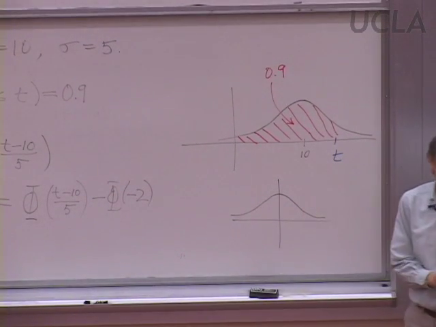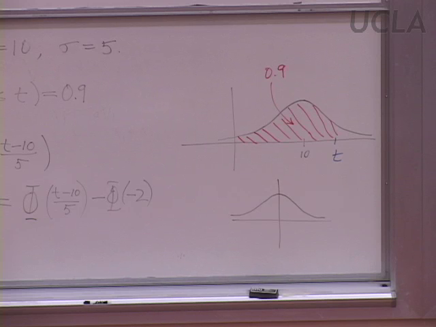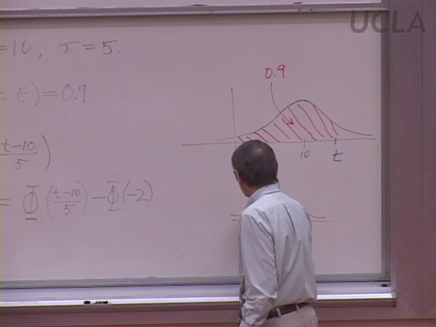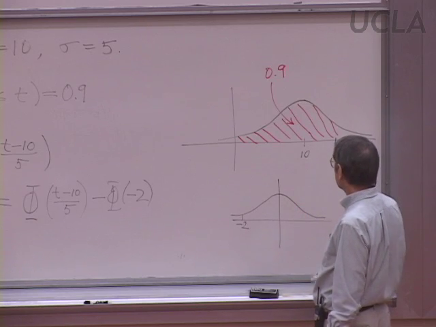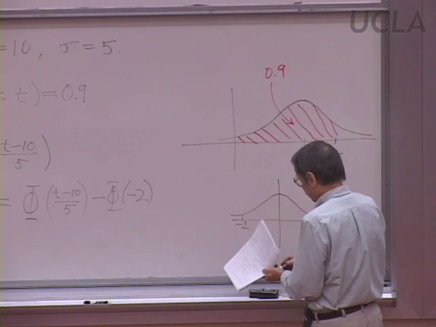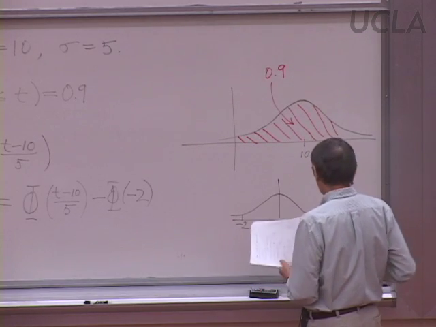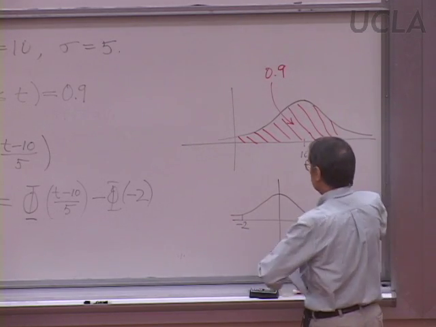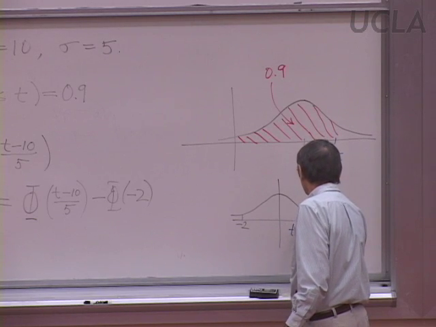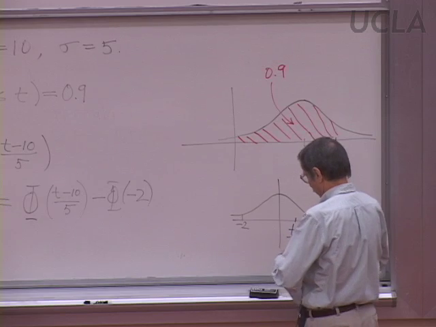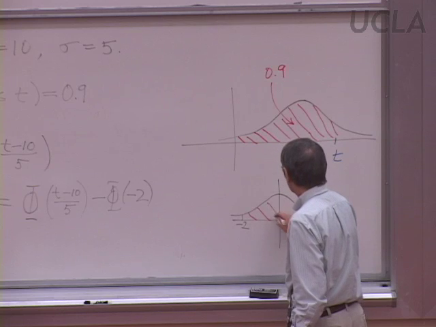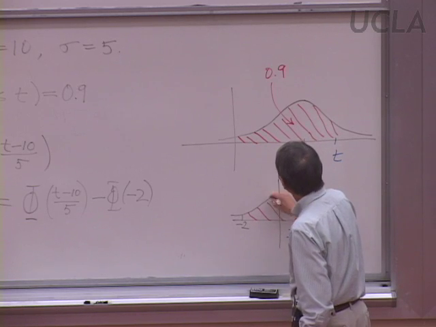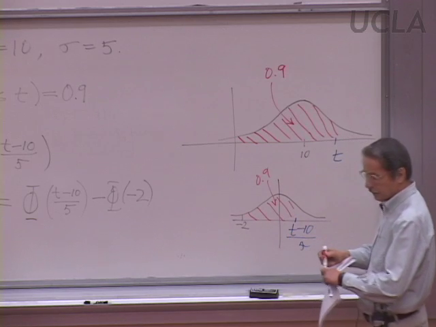We now have the standard normal distribution for z. So it's centered at 0, and the inflection points are at plus or minus 1. Minus 2 is down here. And we're looking for a number, it's got to be positive, t minus 10 over 5. And we still have that red area that has to be 90%.